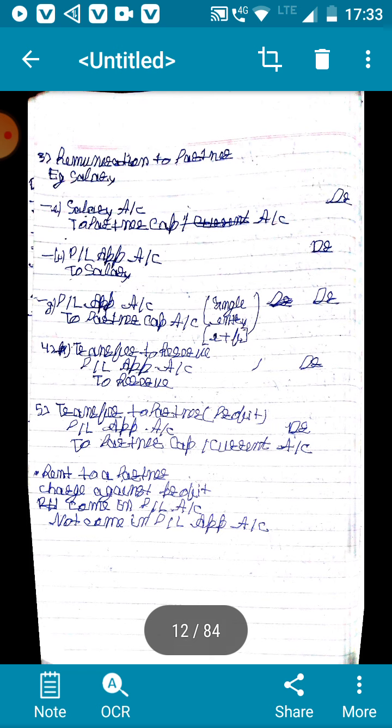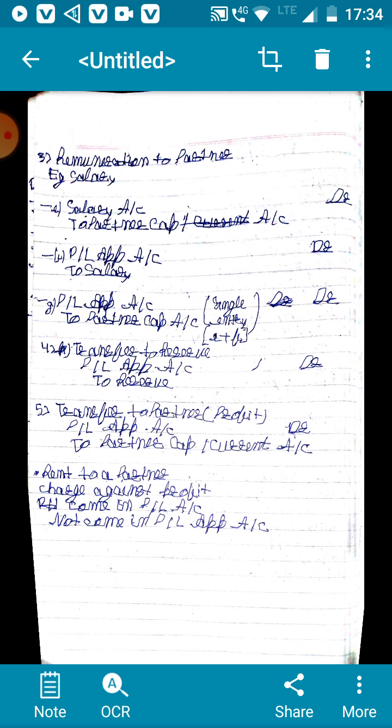Third, we can see in relation to partners, like when we give salary to the partners, for example salary or commission. The first entry says salary account debit to partners' capital accounts. The second entry says profit and loss appropriation account debit to salary account.